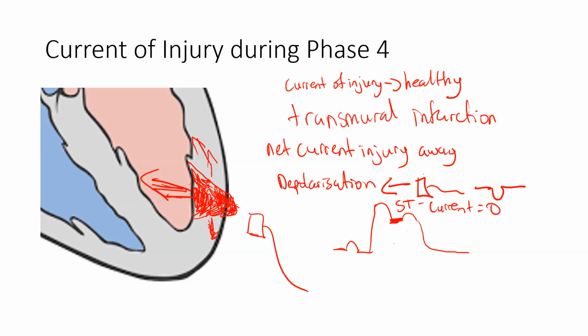But because it's detecting in phase 4 again that the current of injury is happening away from it, it's going to push the phase 4 part down on the ECG.